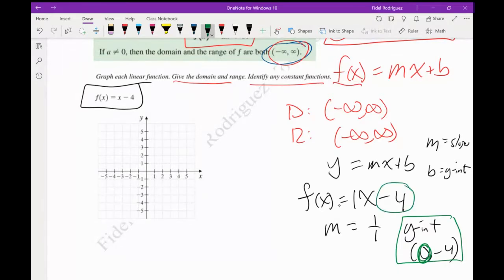And then whatever that number is going to be the second number here. And that's always going to be my starting point. So I'm going to start down here. And then if my slope is 1 over 1, I can just move up 1 and over 1, up 1 and over 1, up 1 and over 1. And there's our line, right?